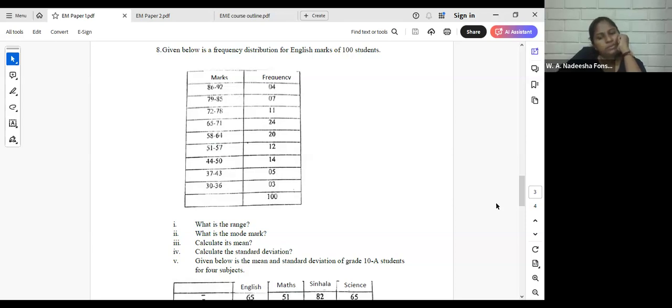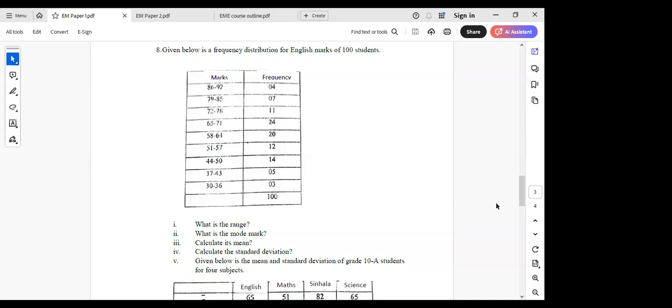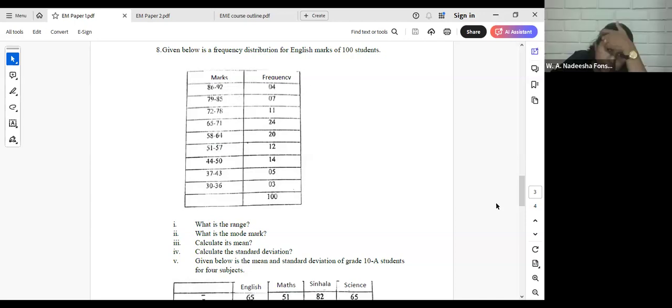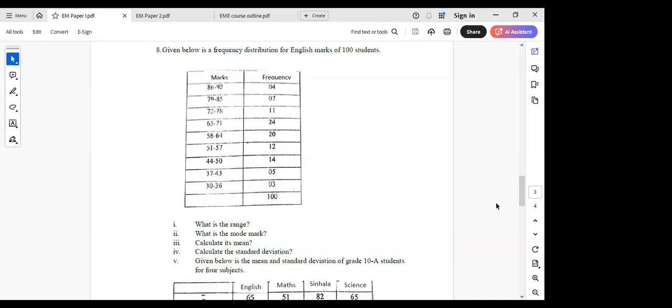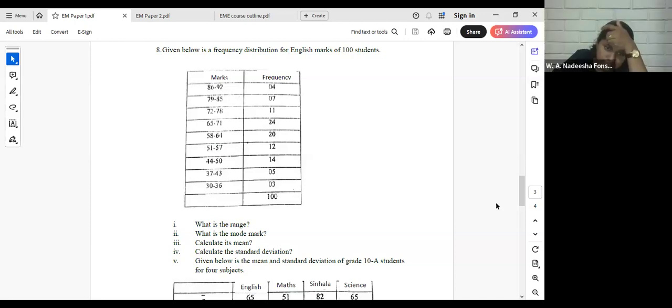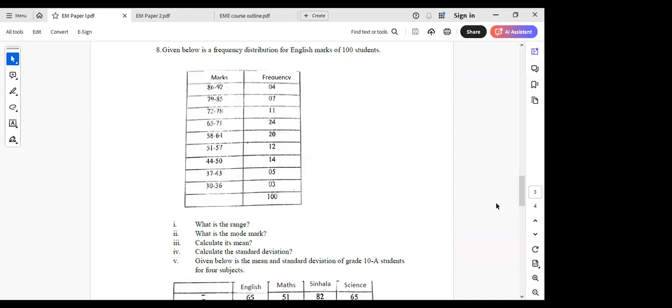Range 63. Yes. How did you get that? The answer is correct. 92 minus 30 plus 1. Yes, very good.